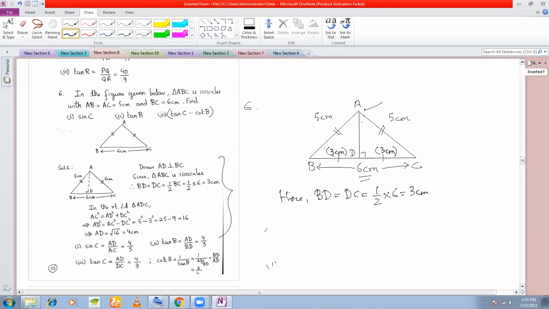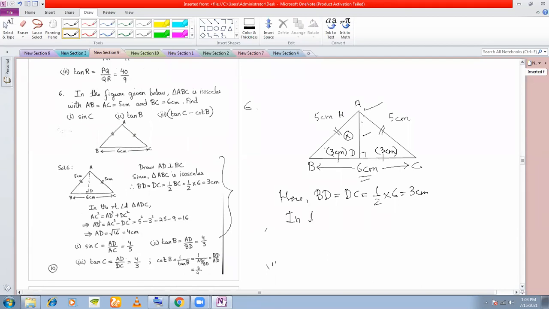Okay. Now once we have got 3 centimeters, consider this right angle triangle, or you can consider the other one also, no problem. You see in this right angle triangle, this is the hypotenuse, right? And you can take the other two sides as the perpendicular and base. So you know 3 centimeters as your base. You can find this length AD by Pythagoras theorem.